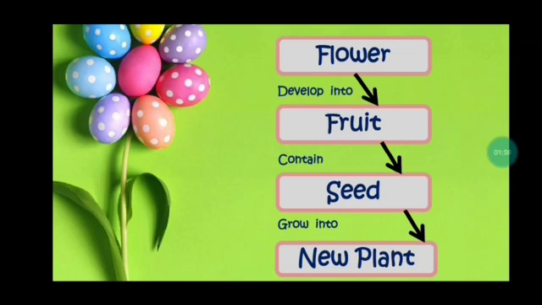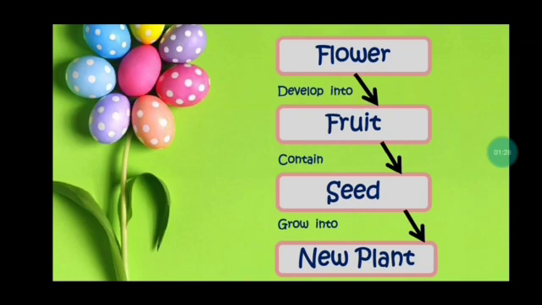It can be dispersed by animals. Jadi bisa saja animals eat the fruit, and then throw the seed, and then the seed will grow in another place and become a new plant. Or maybe the seed is dispersed by wind, oleh angin bisa saja. So there are many ways the seed is dispersed. After that, it will grow into a new plant.